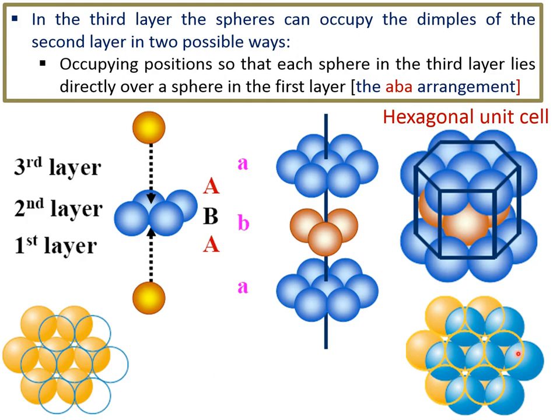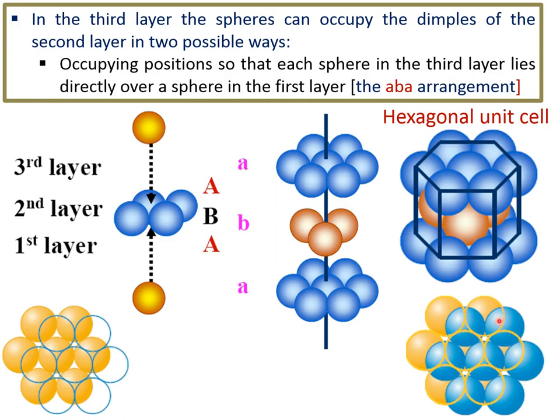This is ABA. Okay, so this is the yellow, empty yellow. Okay, so this is the third layer. The third layer comes directly above this layer. Okay, so this is first layer, this is second layer. How about the third layer?